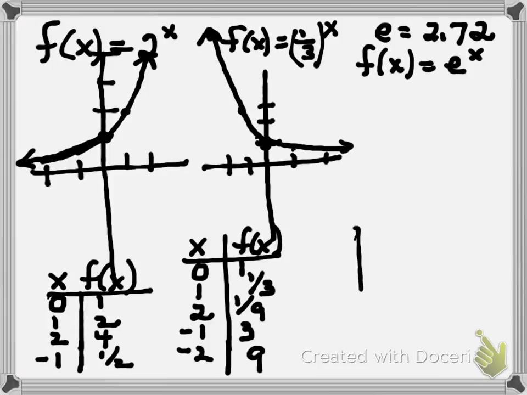So I want to take a table of values for this natural exponential function. And that would be e to the x. So if I want to take e to the 0 power, that's 1. E to the first power is 2.72.